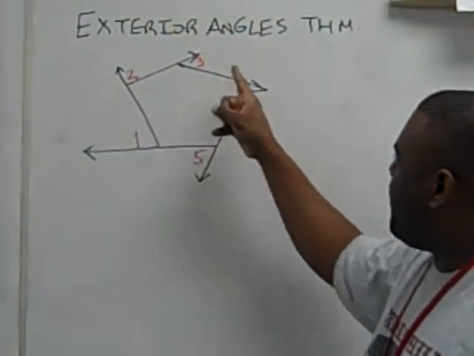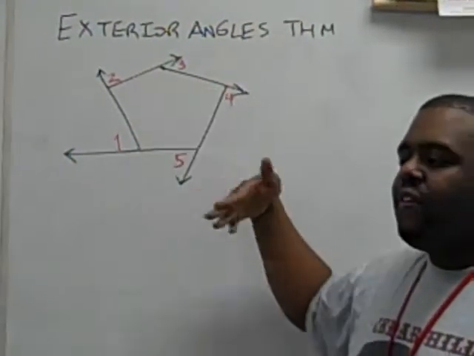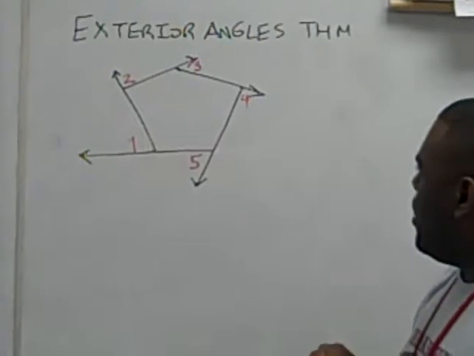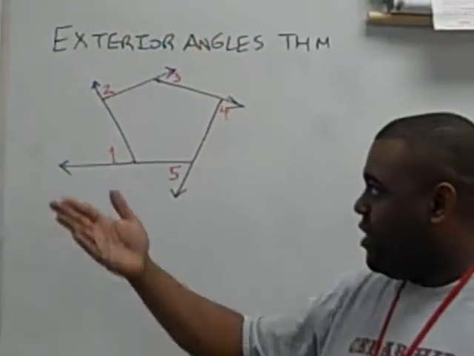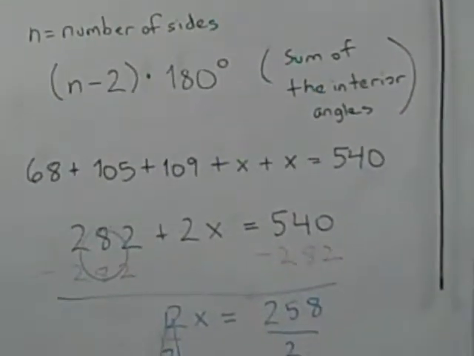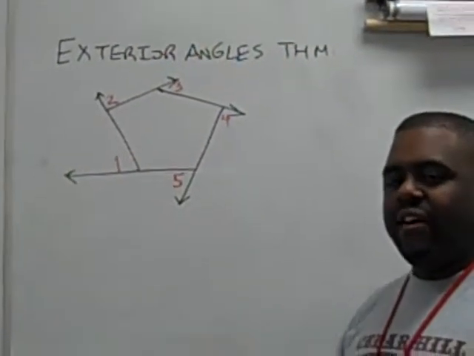I have 1, 2, 3, 4, 5 angles, so therefore we must have a pentagon here for our shape here. Now, this exterior angles theorem is a lot simpler to remember than the interior angles theorem, because it works the same way for any polygon that you have.